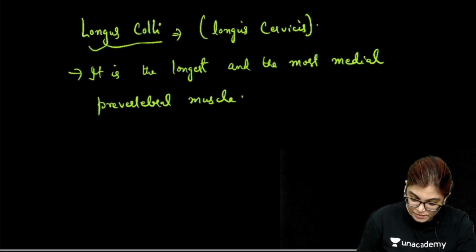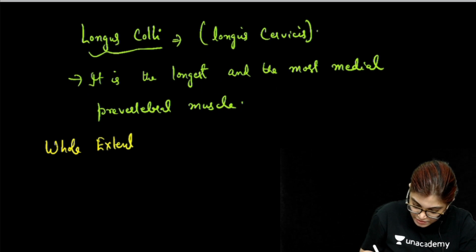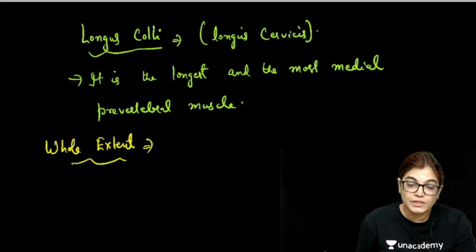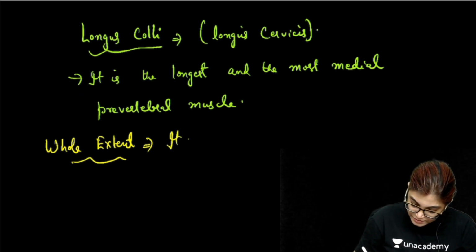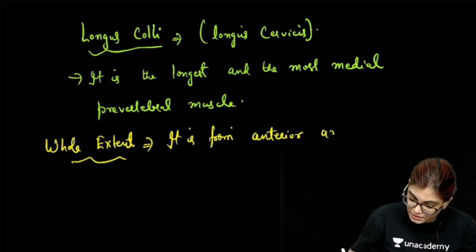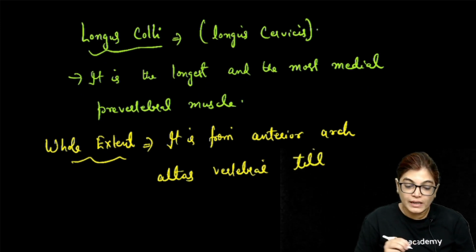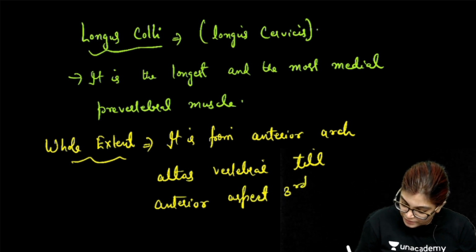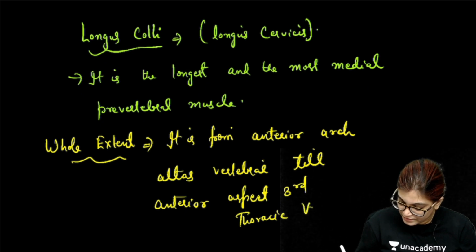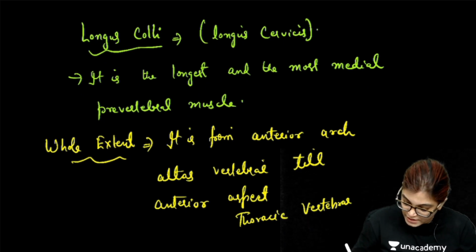Write down: the whole extent of this muscle is from the anterior arch of atlas vertebrae till the anterior aspect of the third thoracic vertebrae.